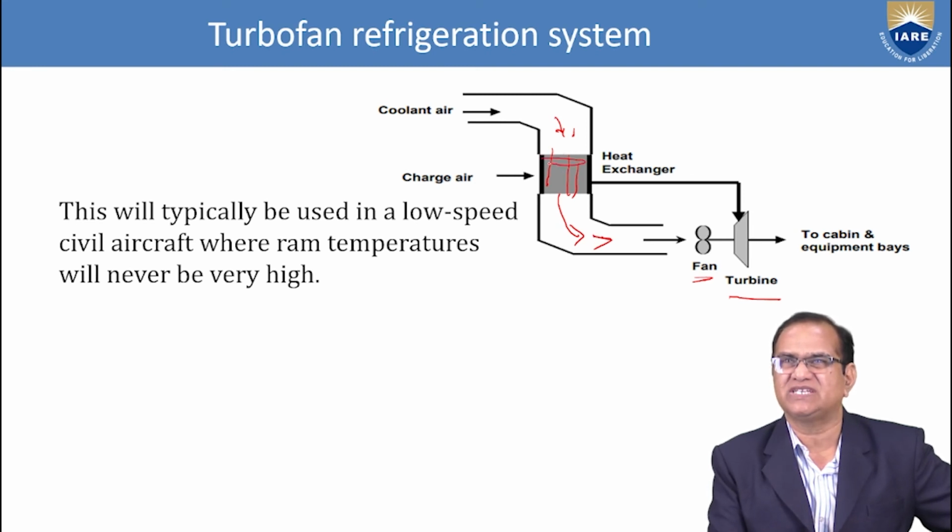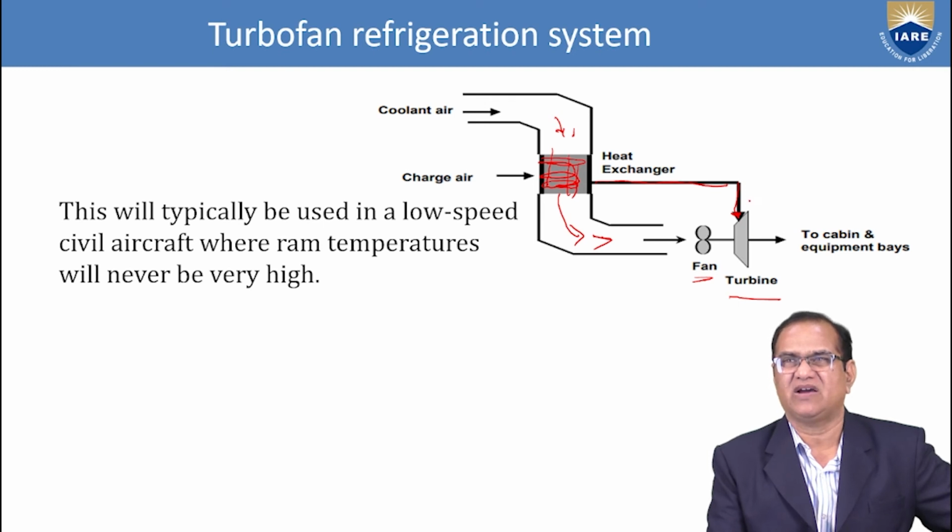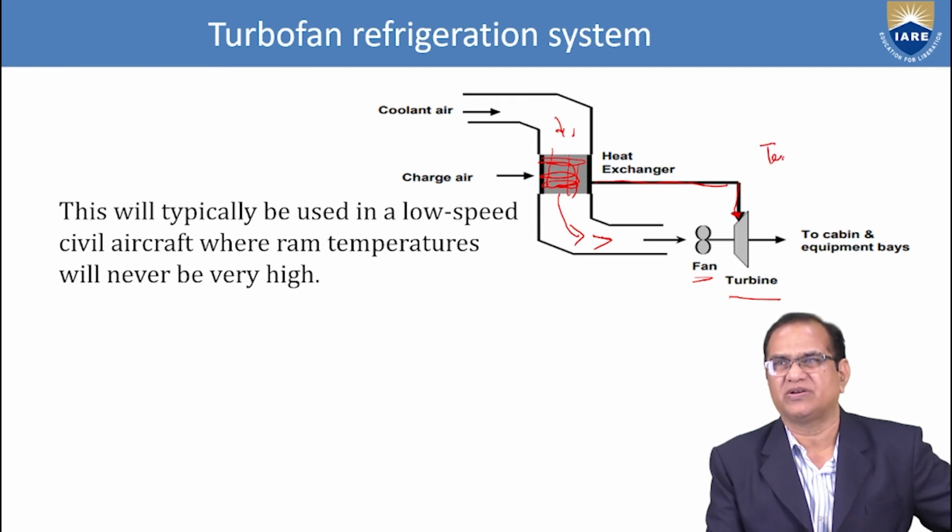The air which is coming here, we have the heat exchanger, a number of coils are there, it is passing through this coil, and then this goes to the turbine, and this high pressure air is entering the turbine, and here the temperature is further lowered.